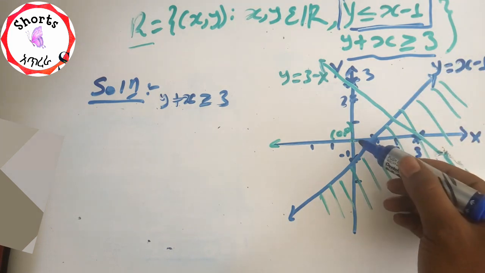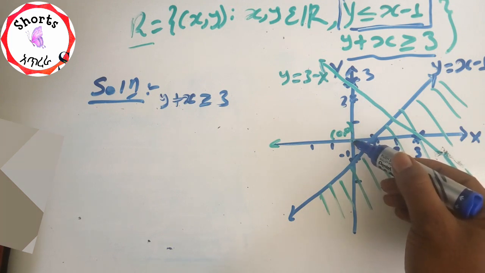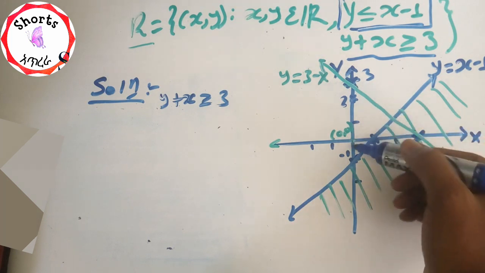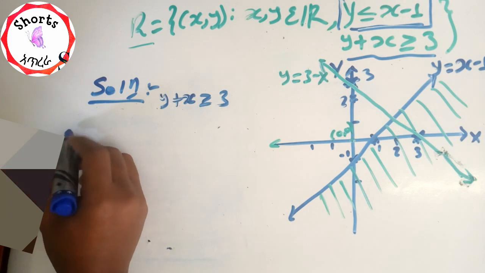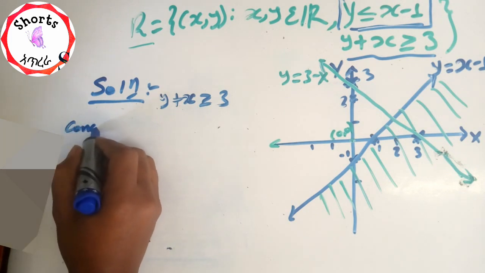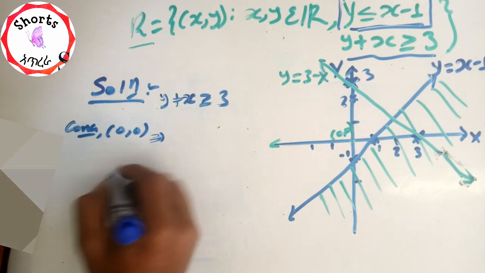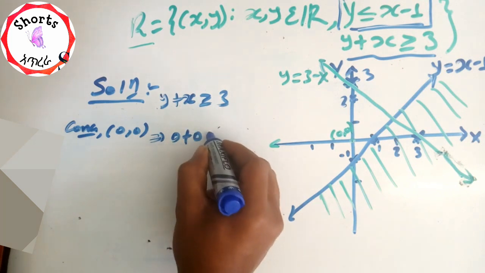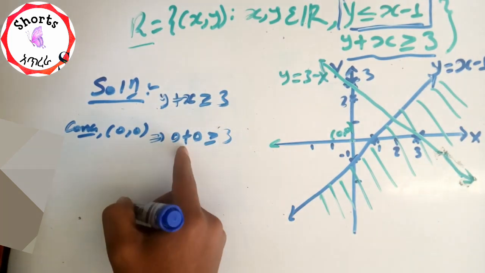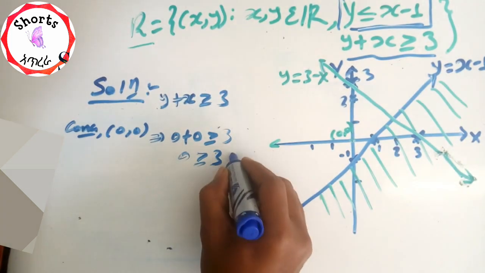Let us take a point below the graph. We use 0, 0 because it is easy to substitute. Let's check it. Below the green graph, let's take the point 0, 0. When x is 0, y is 0. Here we have 0 plus 0 greater or equal to 3. 0 plus 0 is 0, greater or equal to 3, which is false.